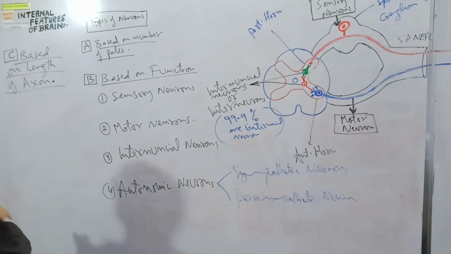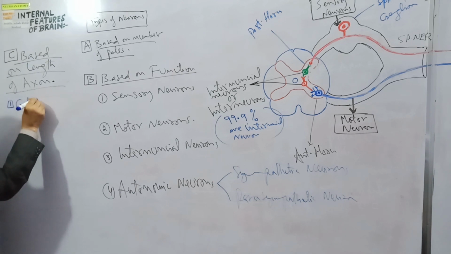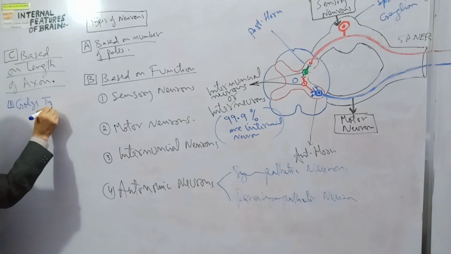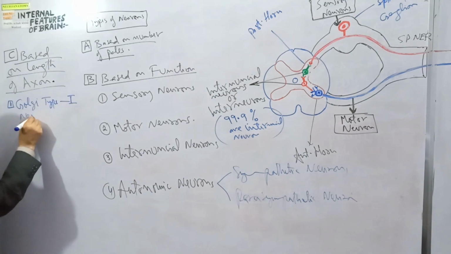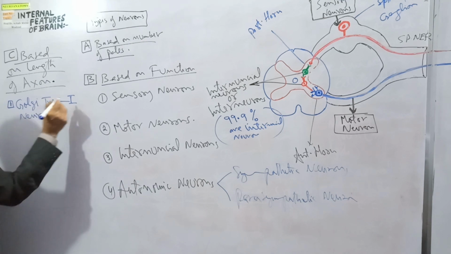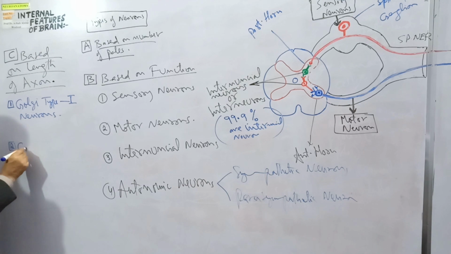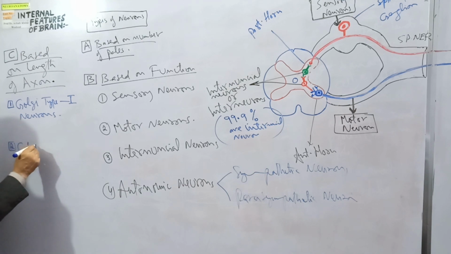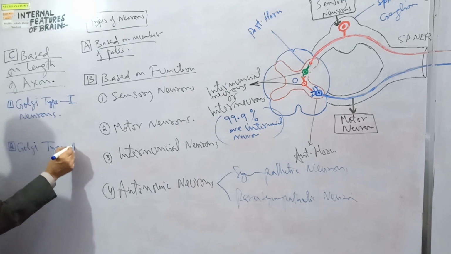We have two types: Golgi type 1 neurons and Golgi type 2 neurons.